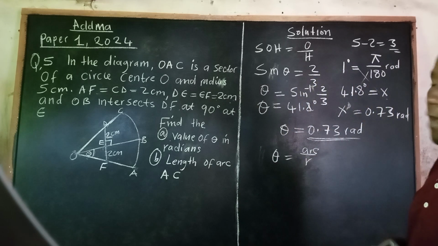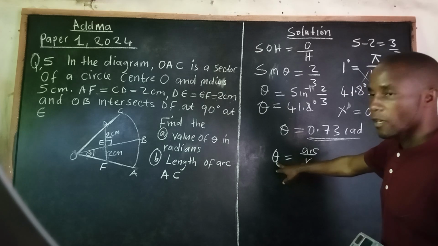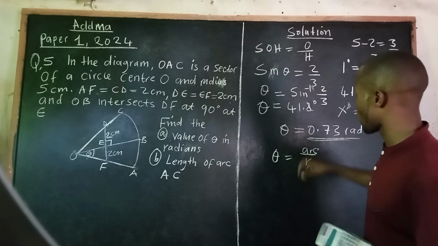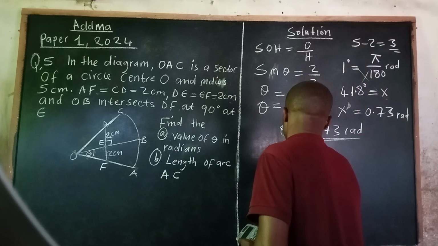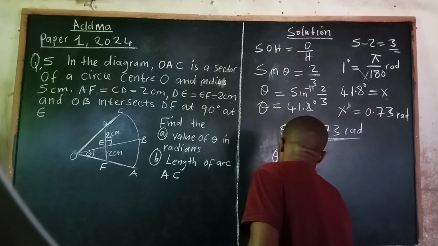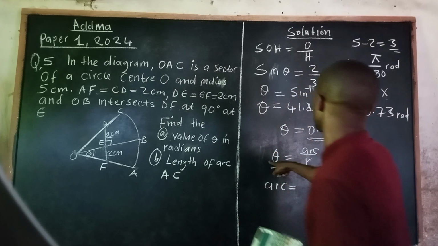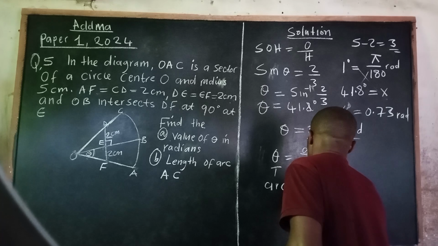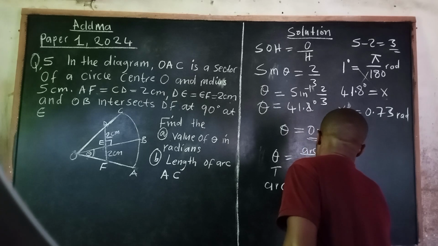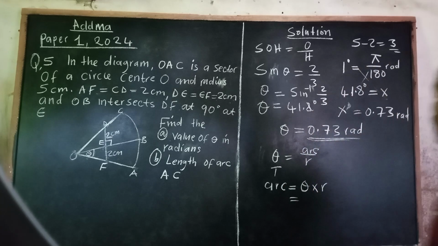Now remember, in this case we want to find the length of an arc. So arc is equal to theta times radius. That will be the formula.